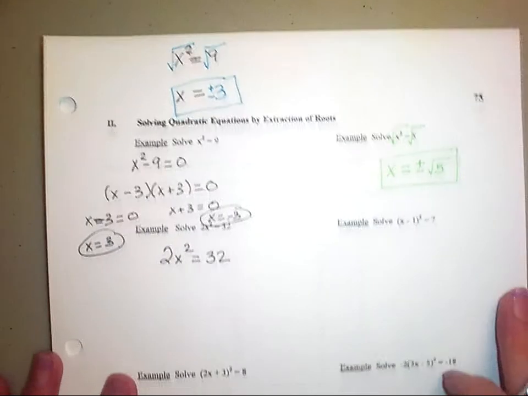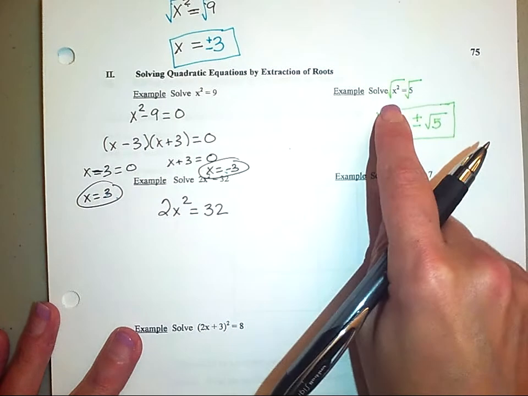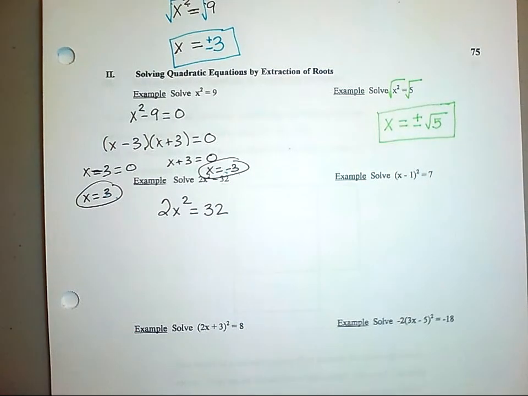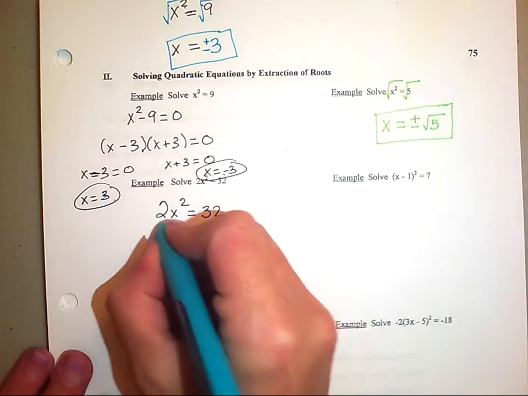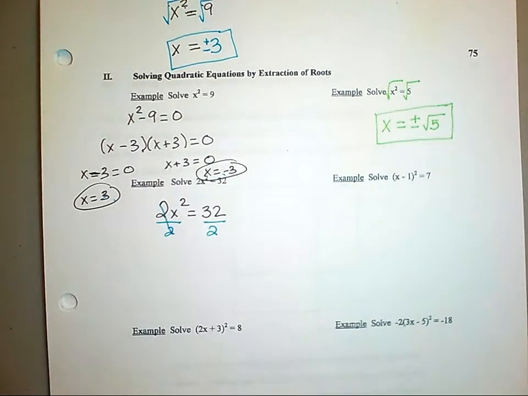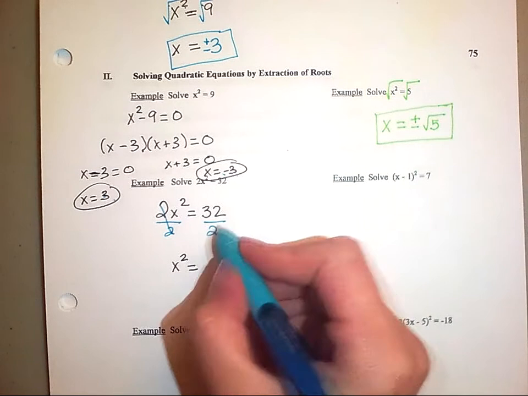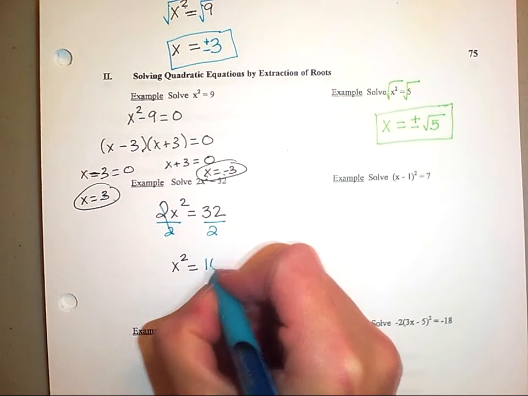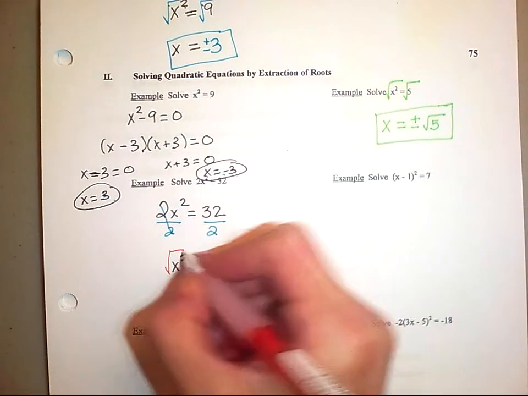Now what made these nice is that the coefficient on x squared was just 1, so we could take the square root. In this case, we don't have a coefficient of 1, so first let's divide by 2. Then the 2's will cancel, leaving x squared is equal to, 2 goes into 32 16 times. And now we can take the square root to undo this.